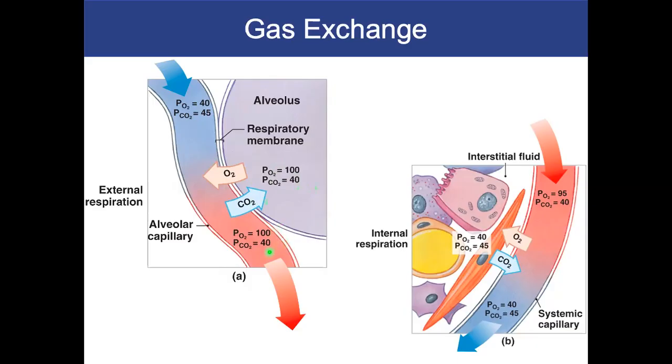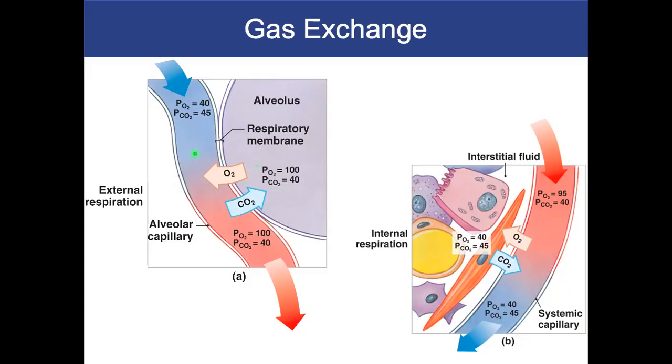Look at the difference in oxygen and look at the difference in CO2. So oxygen, 100 versus 40. CO2 is 40 versus 45. Which one changes drastically and which one doesn't change very much? Oxygen changes drastically, CO2 doesn't change very much. Your body regulates CO2 very heavily.